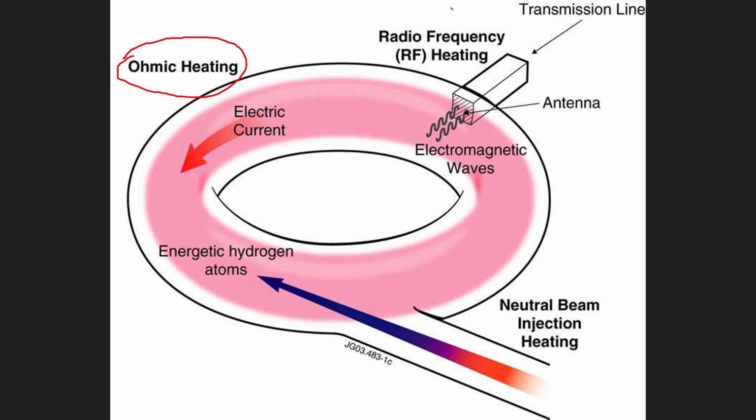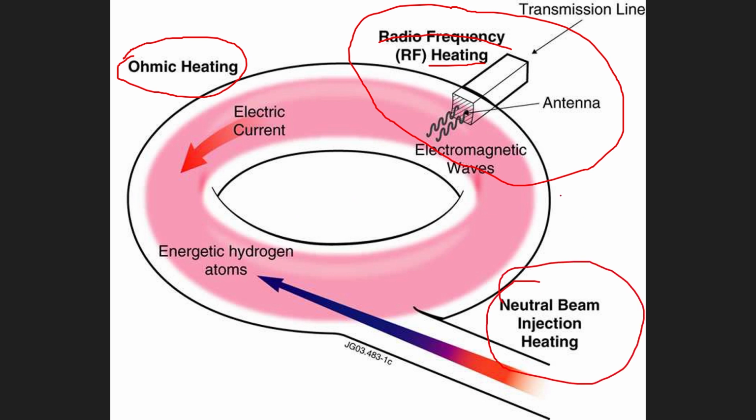And here is our ion and electron cyclotron heating. It uses radio frequency heating. And here we have our neutral beam injection heating. With the three heating methods working together, we can bring the energy of our gaseous fuel up to a state that allows the fusion to happen.